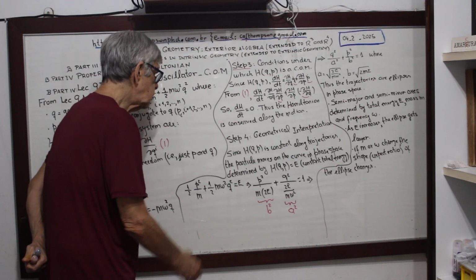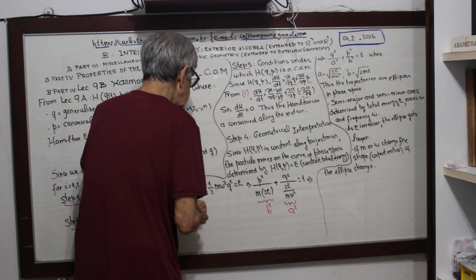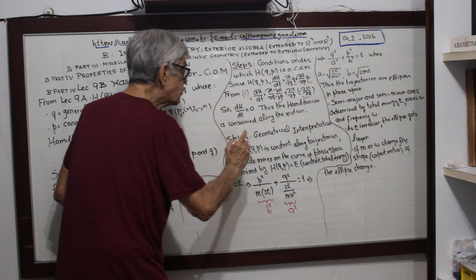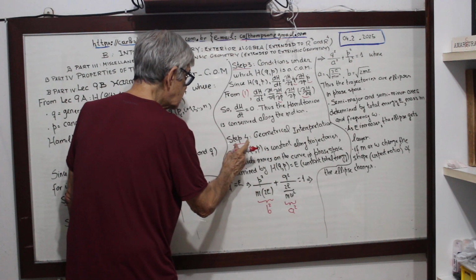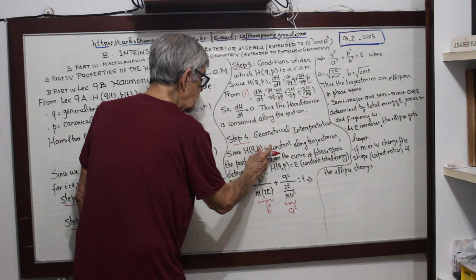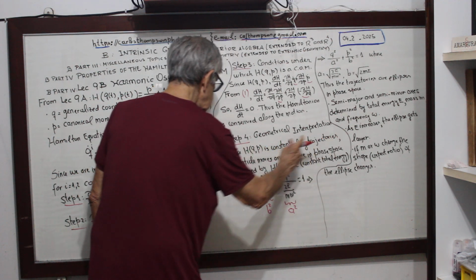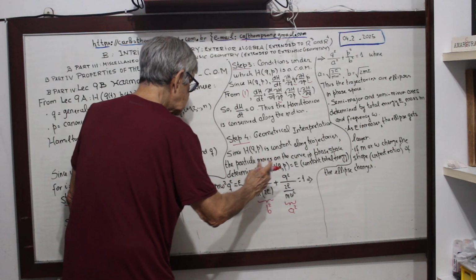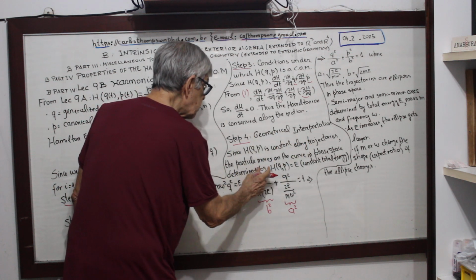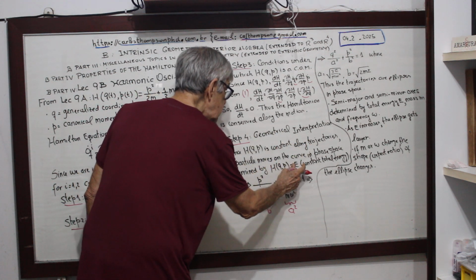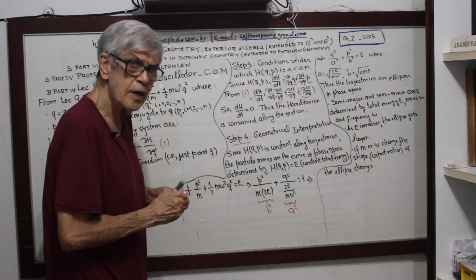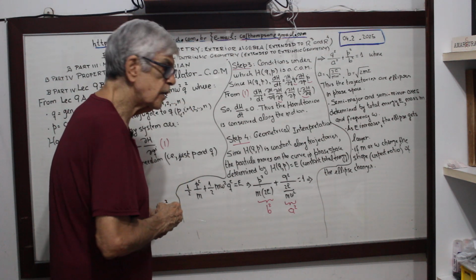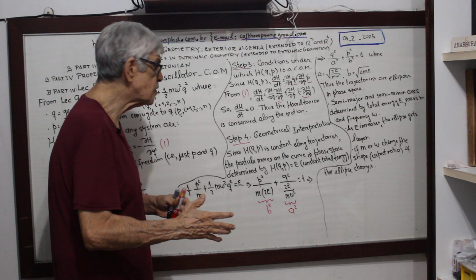Now, step 4, let's mark here. This is step 4: geometrical interpretation. Since the Hamiltonian is constant along trajectories, the particle moves on a curve in the phase space. You see, the curve is determined by H(q,p) equals E. E is the total energy, which is constant for the harmonic oscillator.